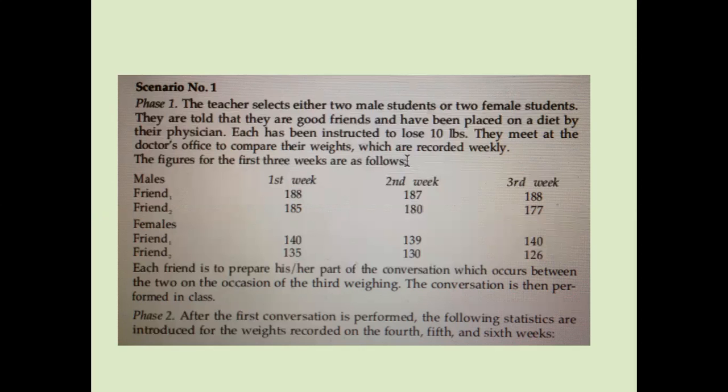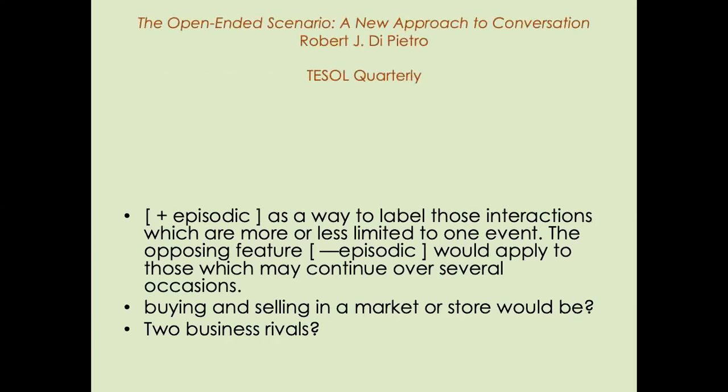There's another table on the next page that you don't really need to see, but basically if their weights are going up and down, they can discuss what they did, what they ate, and it depends on their level, but basically getting a conversation going. And this would be, which one?